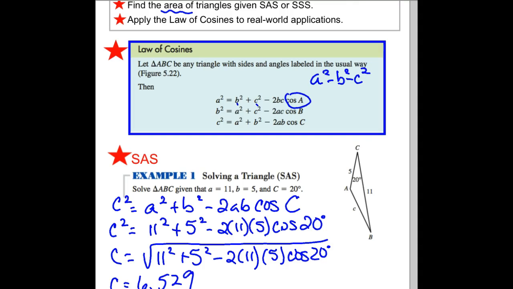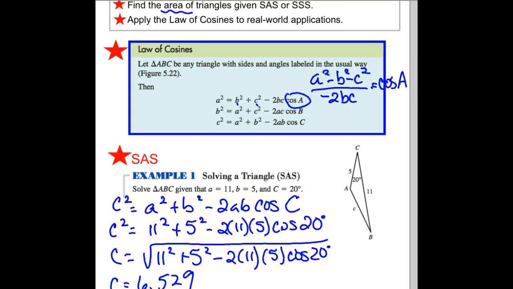How are we going to move the negative 2BC away from the cosine of A? We're going to divide it out, because right now it's being multiplied to cosine A. So if we divide this whole thing by negative 2BC, that would be equal to the cosine of A. And you can do that same thing for angle B, angle C, right? Follows the same pattern.